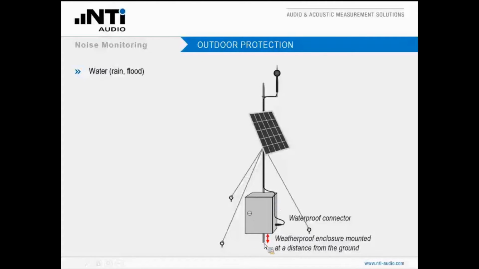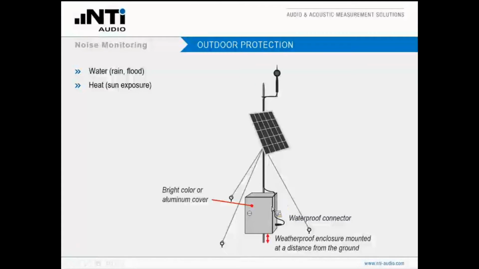So it is advisable to place the cabinet or the case in which your noise monitor is located a little bit with a distance to the ground so that water from below cannot flow in, or that the rain coming from above can also drop down from your case. And if you need a cable connection to the outside, which is quite obvious that you need that, please select a waterproof connector.